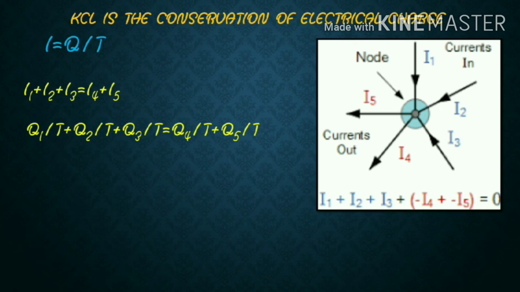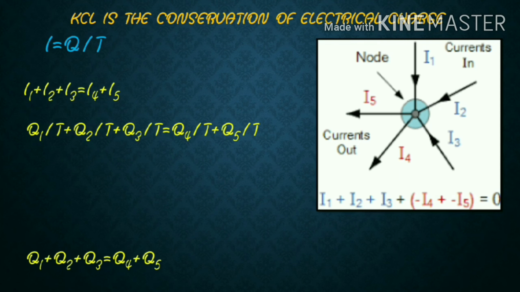According to I equal to Q by T, we can write Q1 by T plus Q2 by T plus Q3 by T will be equal to Q4 by T plus Q5 by T. Here all T are unit time, and Q are the charges. So Q1, Q2, Q3, Q4, Q5 will be different, but T will be the same, unit time.